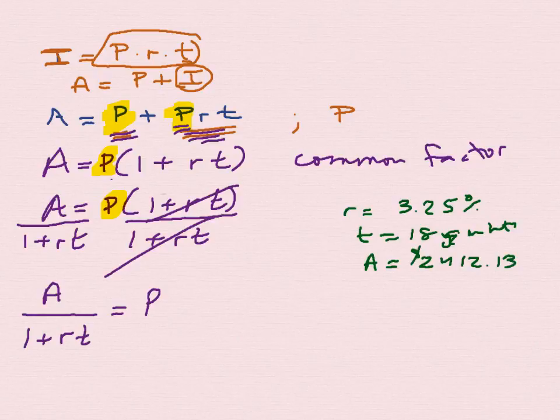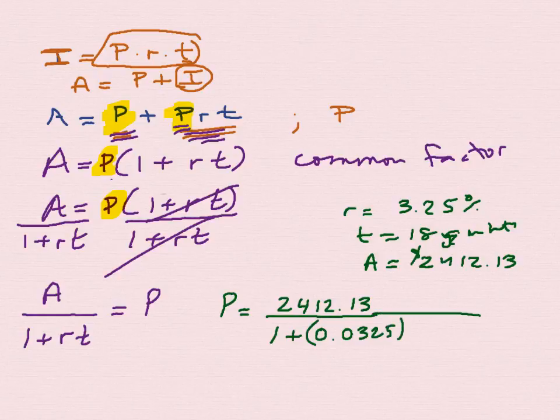So you have everything you need. You'd say, well, the principal was equal to 2412.13 divided by 1 plus the rate in decimal format, 0.0325, times the time of 18 divided by 12. So you would have to do 18 divided by 12 first, and then multiply that by the 0.0325, and then add 1 to that, and get an answer.